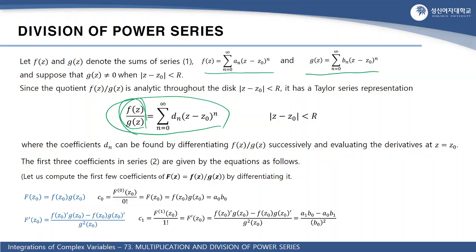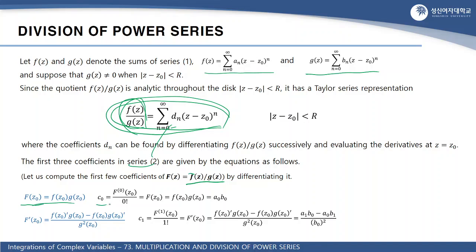The first three coefficients in series 2 are given by the equation as follows. So let us compute the first few coefficients of capital F(z), given by small f(z) divided by small g(z), by differentiating it. First, capital F(z0) is small f(z0) divided by g(z0).